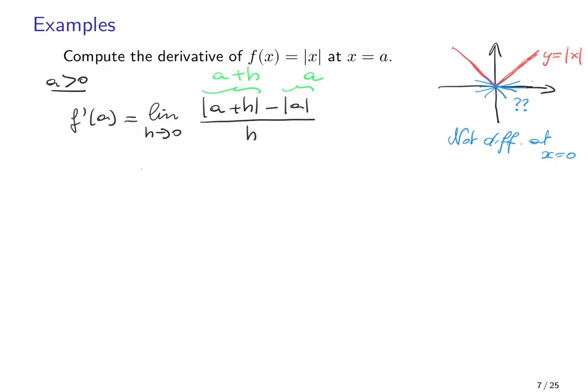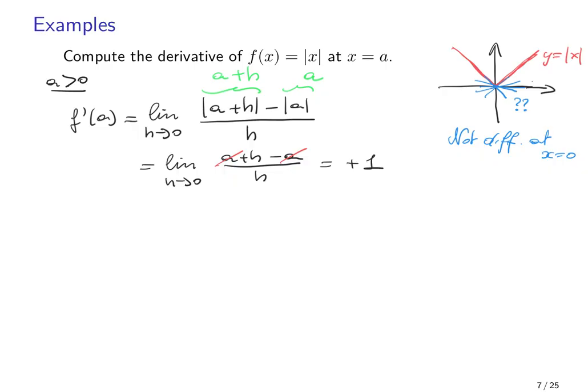That then gives us that the limit becomes the limit as h goes to 0 of a plus h minus a, divided by h. We see that the a's cancel here and here. We're left with the limit of h divided by h, and that will give us plus 1. That is very much in line with what we see in the graph. When a is positive, we're on the right side of the graph.